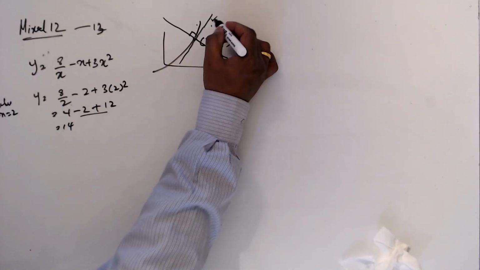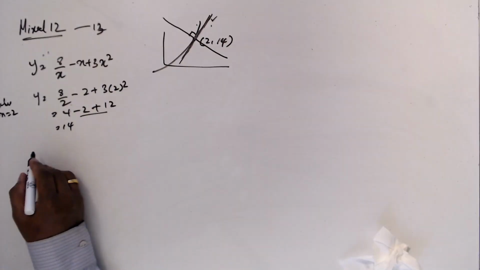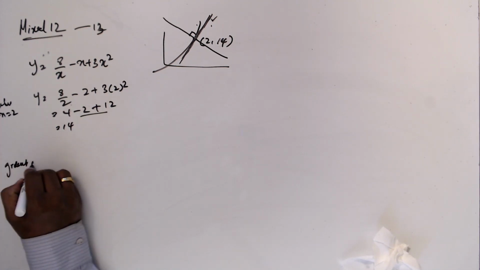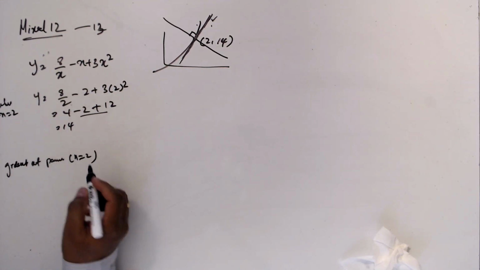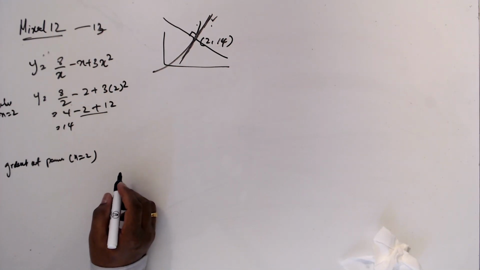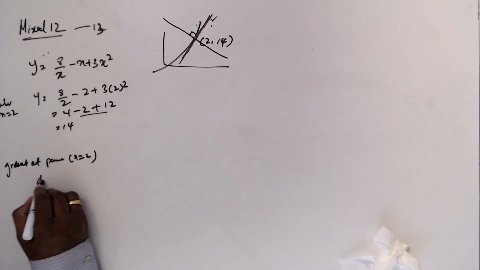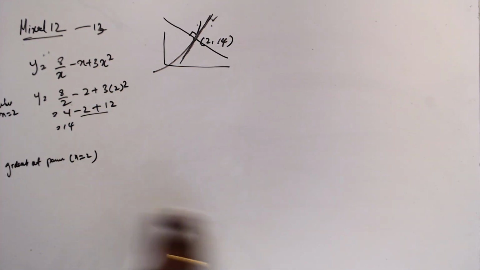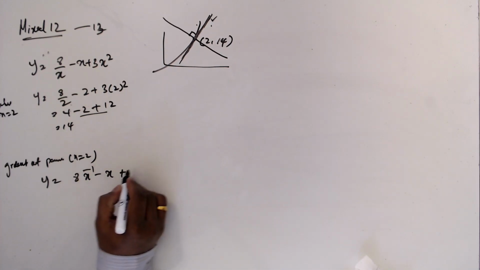Now we'll find the gradient of this tangent line, which is the gradient at point x equal 2. So first of all we have to find dy by dx. dy by dx is, so y equal 8x to the minus 1, minus x, plus 3x square.